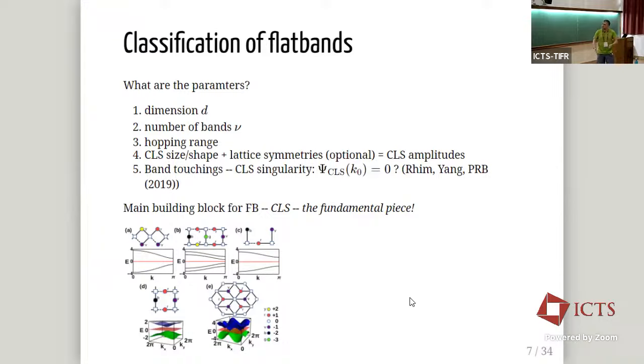So in some sense, the way of the construction is by fixing the CLS size or its shape, optionally adding lattice symmetries, which gives you the CLS amplitudes. And based on that, you're basically solving an inverse eigenvalue problem. You know what your eigenstate is, and you want to reconstruct the Hamiltonian.